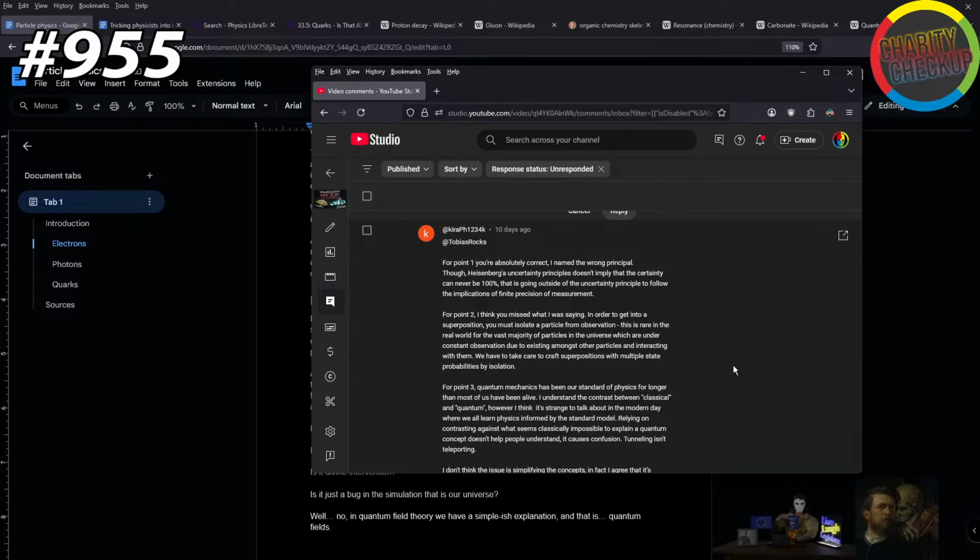That's going outside of the uncertainty principle to follow the implications of finite precision measurement? Do they mean that technically Heisenberg's uncertainty principle doesn't mean you cannot be certain? I mean, yeah, if you have no idea where a particle is, it doesn't imply that the certainty can never be 100%.